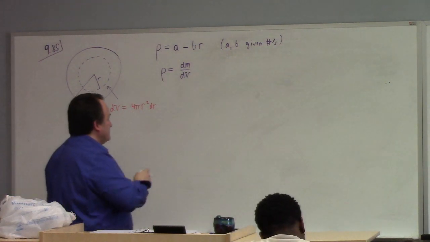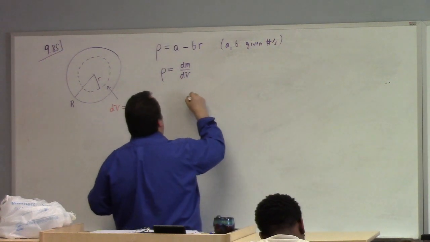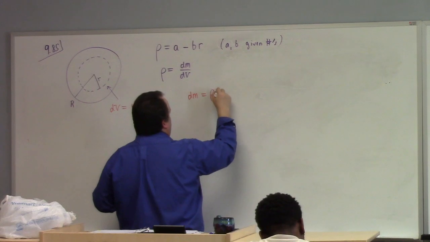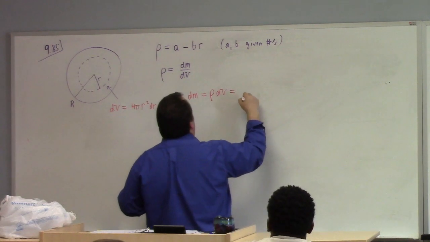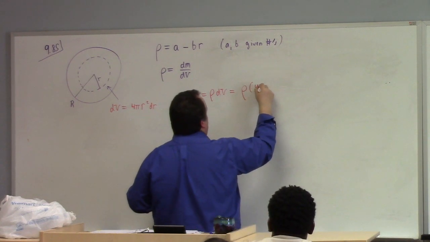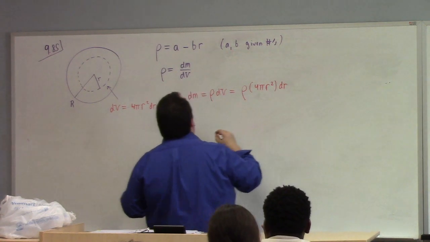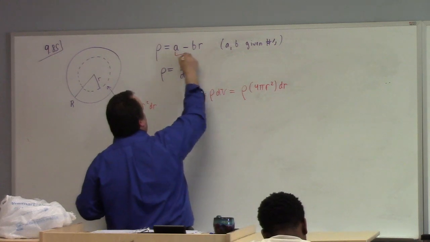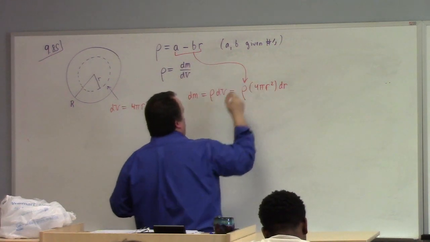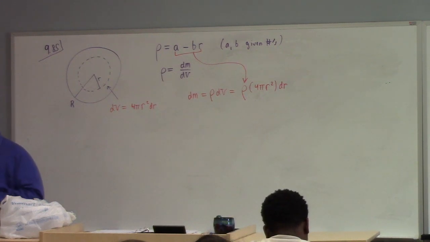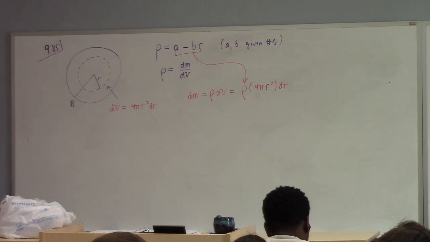And so dm, I could calculate from rho dV, which in this context would be rho times 4 pi r squared dr. And of course, you take this formula up here and plug it in down there. You integrate from r equals 0 to the given radius. And that will calculate the mass, if you do it carefully.